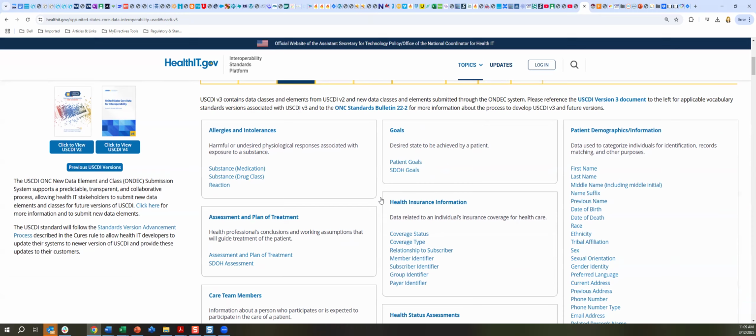And there's a public comment period that impacts USCDI. Even while things are in a state of flux in Washington, it has always been sort of the compass of ASTP to say, well, we hear a lot of things. We're going to propose in a draft form what we think the next step forward is.